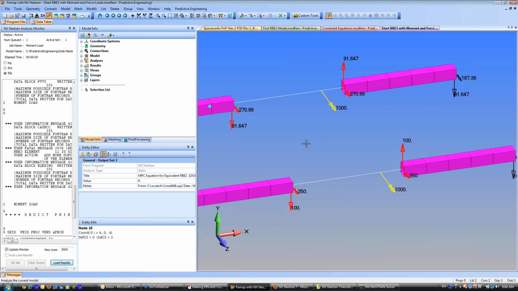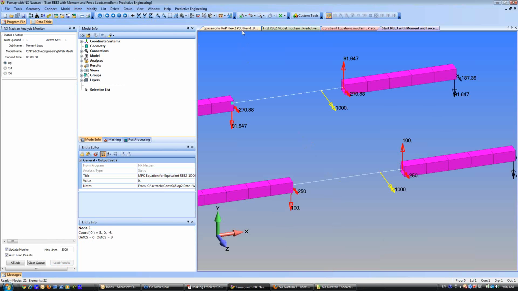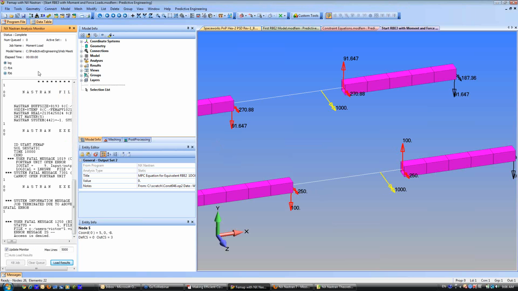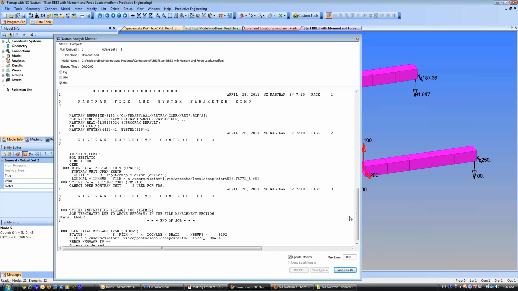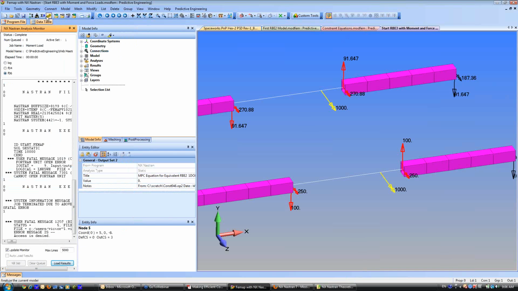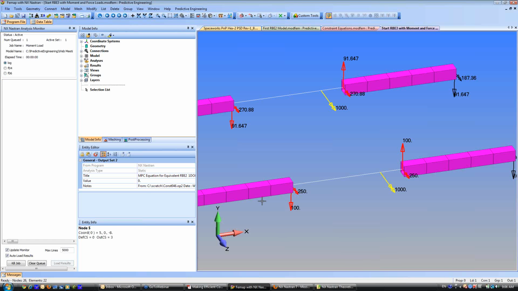Then when you run it, of course, it doesn't work. Let's see what happened. In file management. Geez, interesting. Let's just run it again.